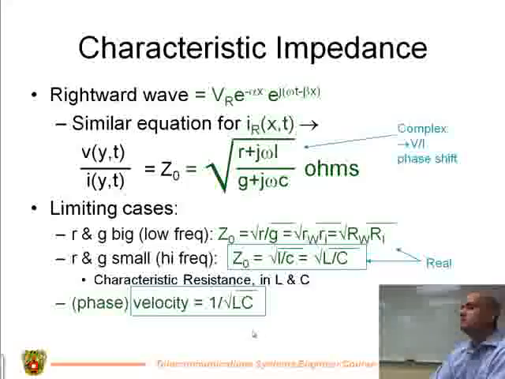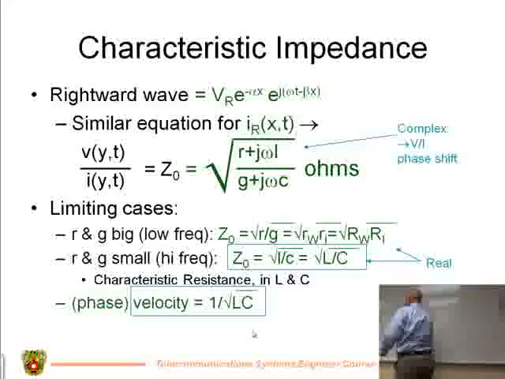Student: With the limiting cases, I don't understand why the resistance and G being small will give you a high frequency. Okay. Well, all right. Let's look at this. Let's just plug in some numbers then. Let's say that R equals 100 ohms and G equals 100 ohms, and L equals 1 Henry, C equals 1 farad.